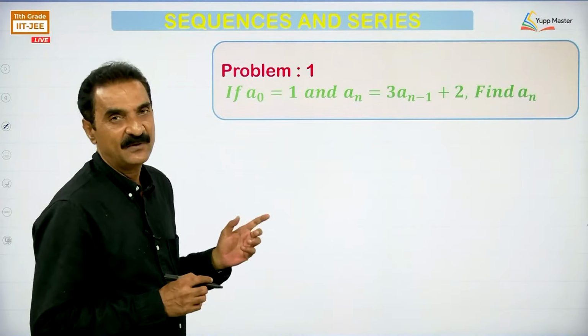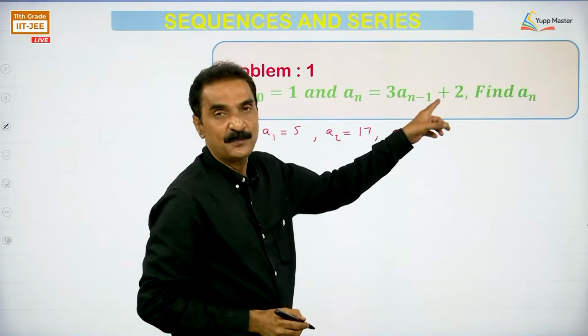Next, A2. A2 is 3 into A1 plus 2. Substituting A1 as 5, you will get 3 into 5, 15, plus 2, 17. Next, A3. A3 is 3 into A2 plus 2.